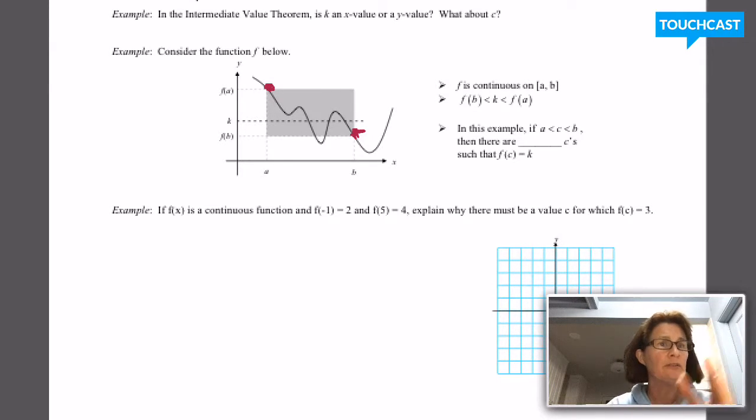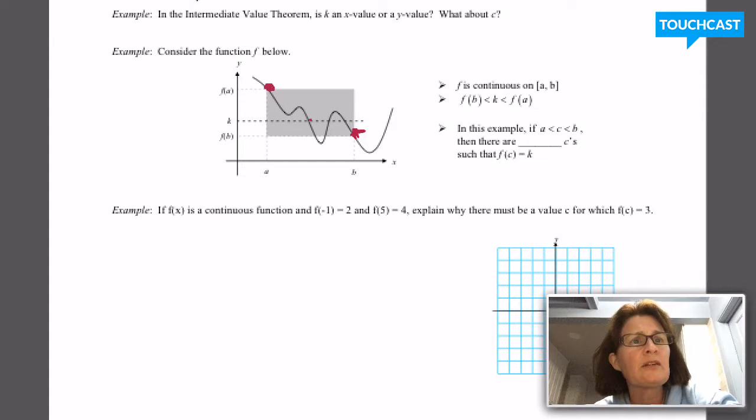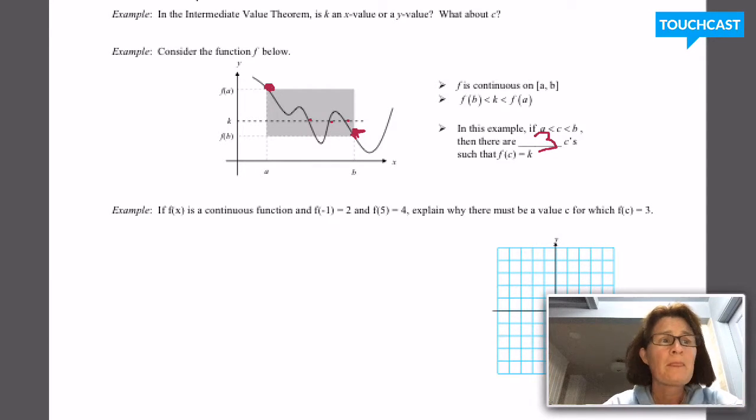So my question to you, this is just a made-up picture, how many times does the function y equals k touch my function f of x? So here it just happens that there are 1, 2, 3 places where that happens. The intermediate value theorem guarantees that there must be at least one.